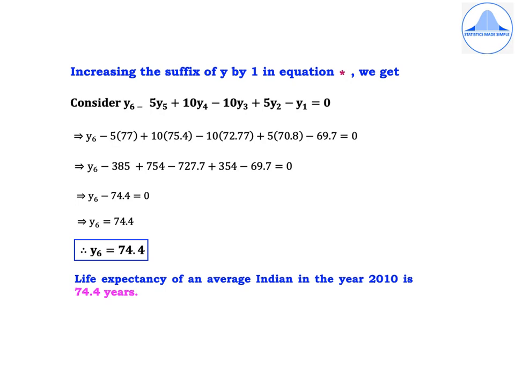Therefore, the life expectancy of an average Indian in the year 2010 is 74.4 years.